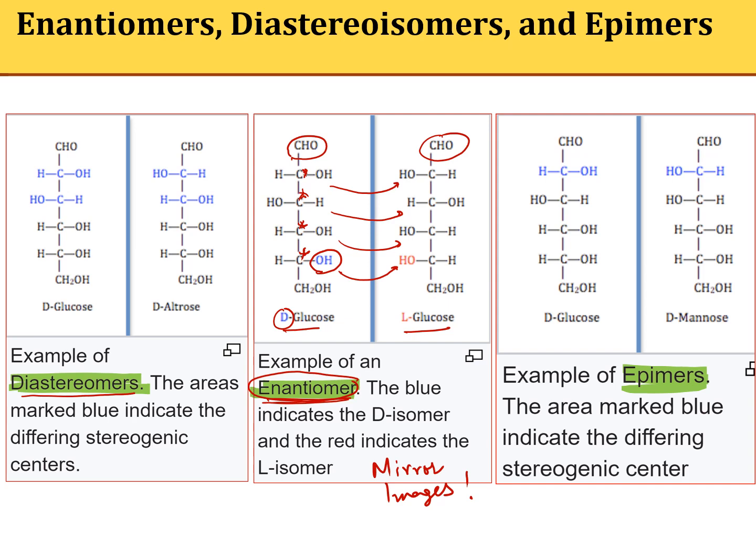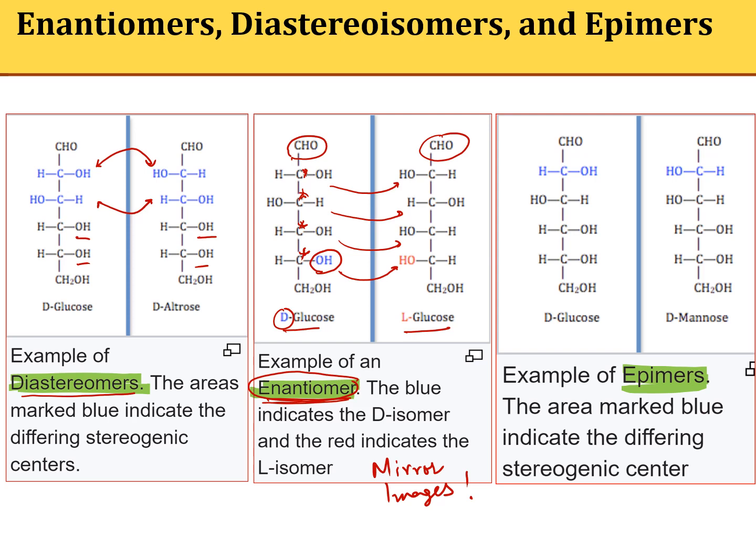Now diastereoisomers are stereoisomers that are not complete mirror images, so they have at least 2 stereocenters that are different. For example, if you look at this, these are mirror images, right? But this guy and this guy are not, and this guy and this guy are not.